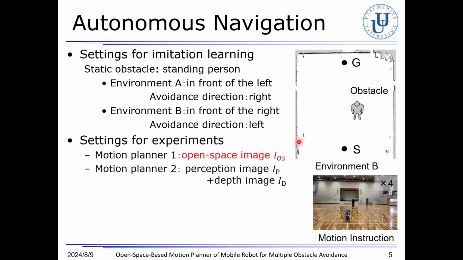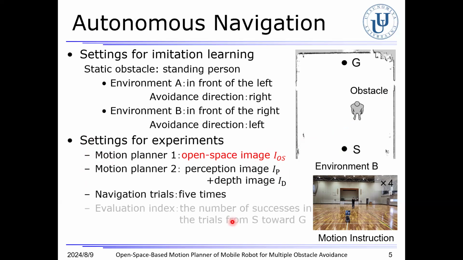Next, we explain the setting for experiments. In the experiments, the proposed motion planner 1 and the previous motion planner 2 are used. In each of the environments A and B, the robot repeated the navigation trial 5 times in total.